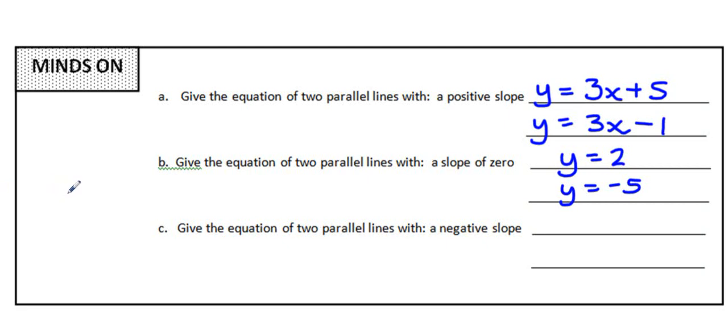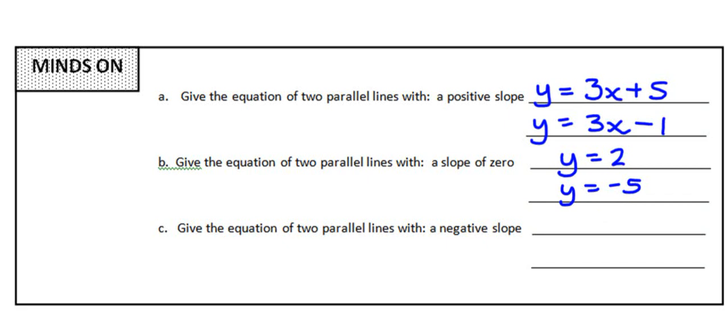Both slopes of 0 because there's no x term. These are not the only answers. You might have had something completely different, and as long as you had numbers that were the same here and numbers that were different here, your answer would be correct. And for this one, as long as you have no x term and you've got two different numbers for y, then that would be correct.